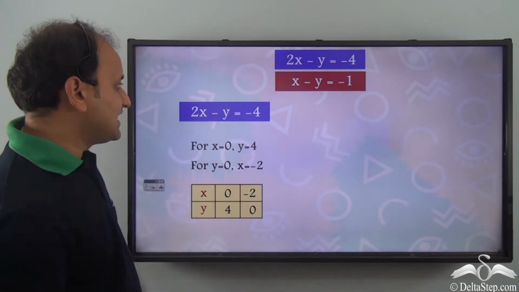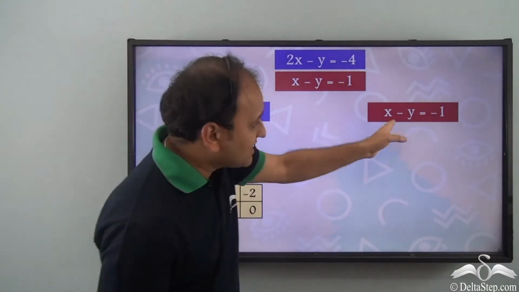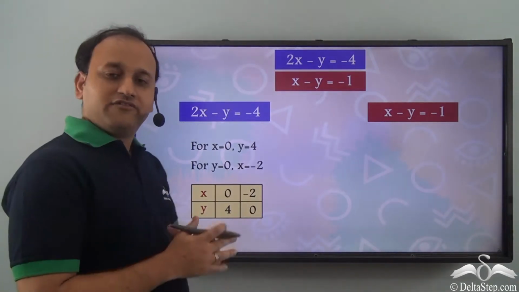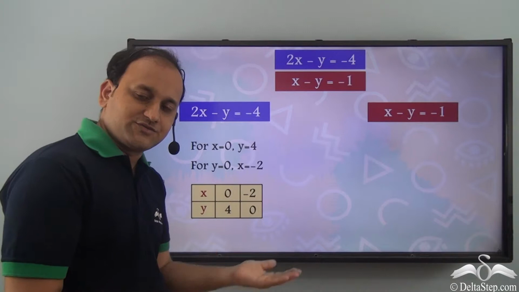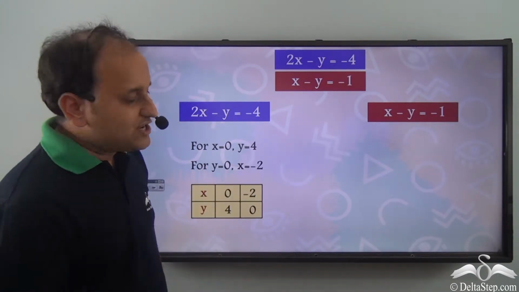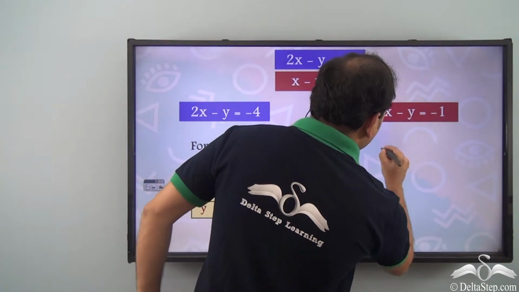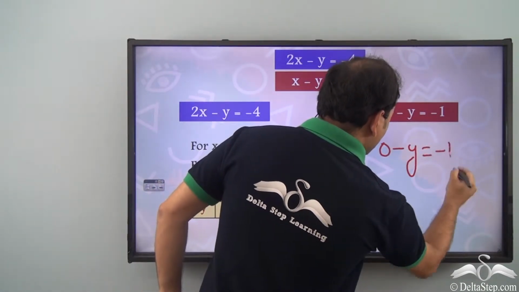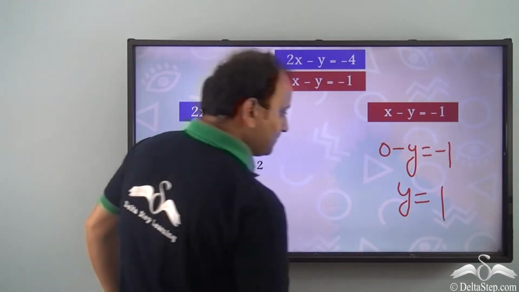Now let's consider the next equation. We have x minus y equal to minus 1. Now here also we will find out the x-intercept and y-intercept. So first of all, we'll take x as 0. So if we take x as 0, then what do we have? 0 minus y is equal to minus 1, which means y is equal to 1.